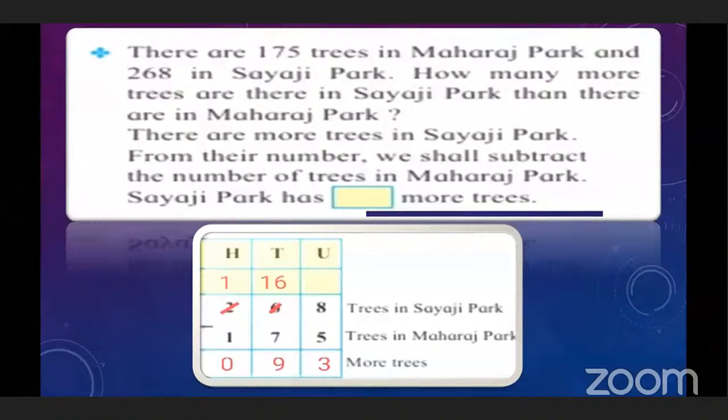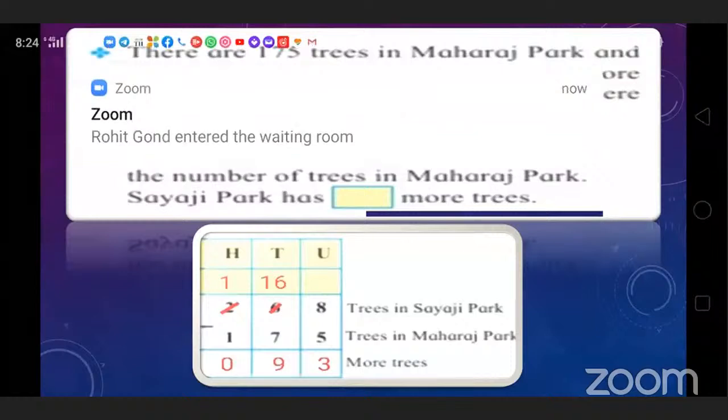You can see I solved that word problem for you, with hundreds, tens and units. I put 268 trees in Sayaji Park, and then I subtract 175, the trees in Maharaj Park.